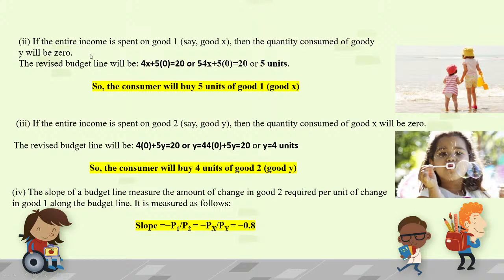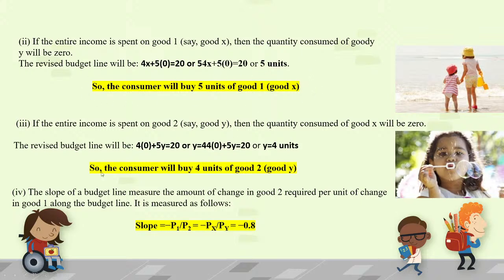So we'll assume the quantity of y to be 0, and we'll simply put the values here. 4 is the price for x, and since no quantity of y has been taken, it has been taken as 0. 5 is the price of y, so it's 4x plus 5 into 0 equals 20. Further it comes out to be 5 units. So the consumer will buy 5 units of good 1, which is good x. So this way it can be worked out.